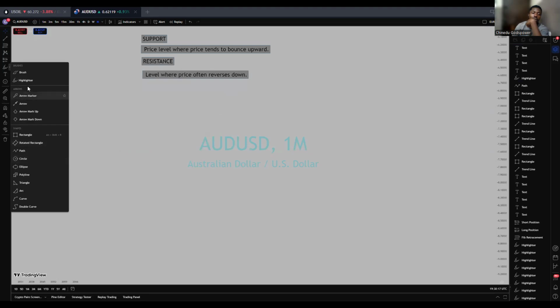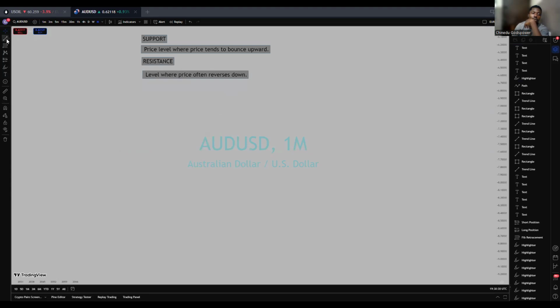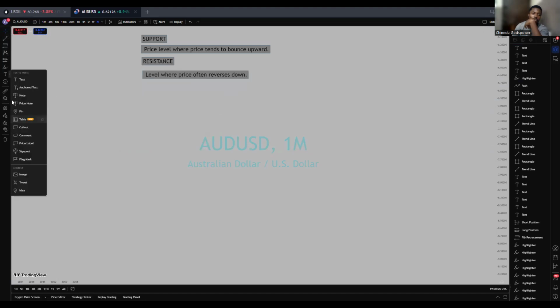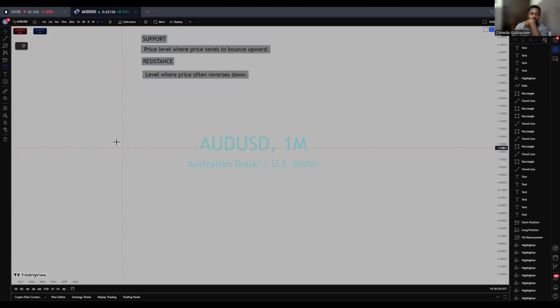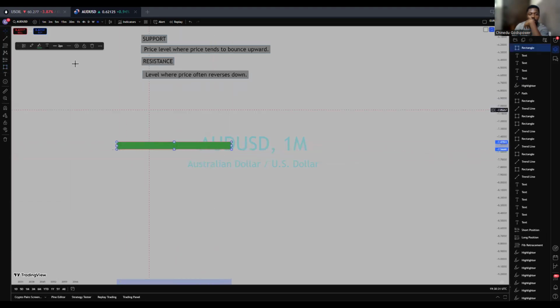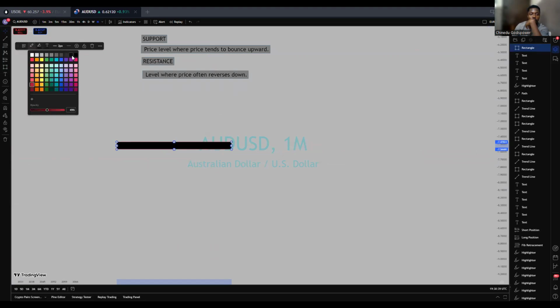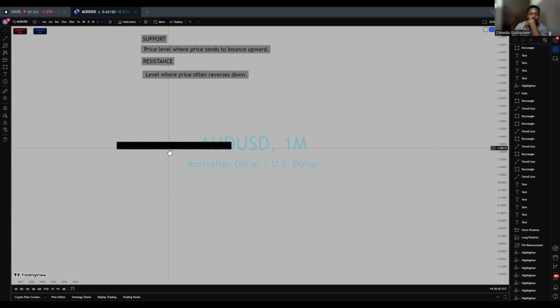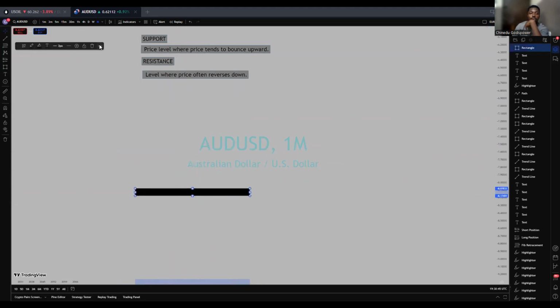So now, using our trend line tool or horizontal ray, which one should I use? Let's use this. Turn this black. So we have this box. I'm going to replicate it. Let me turn this red, and this one should be green.